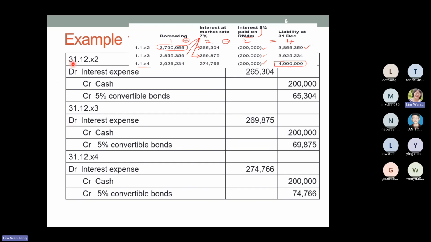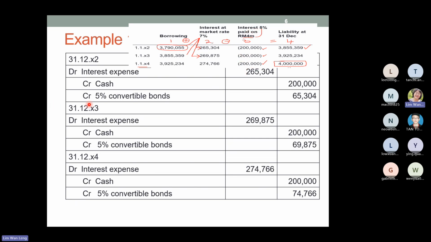You will see that 31st December X2 is the end of the first year. Where do we get the interest expense figures from? You debit the interest expense from column number 2. Then you credit the cash from column number 3.